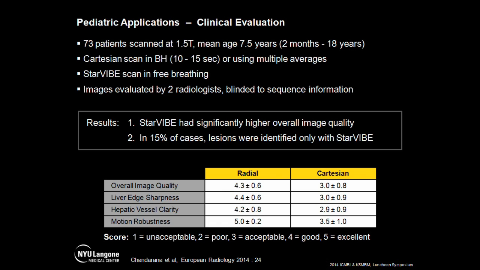And the result of the study was first that the StarVIBE images received significantly higher image quality scores. But this is not really surprising if you look at these images. But the more important finding was that in 15% of the cases, lesions were only identified on the StarVIBE sequence. And that means this radial sequence actually translates into a higher diagnostic accuracy.